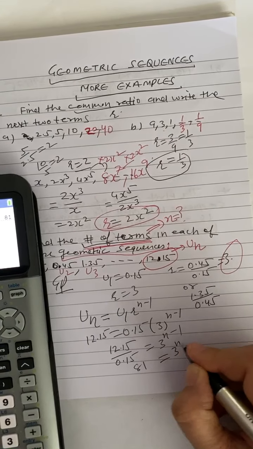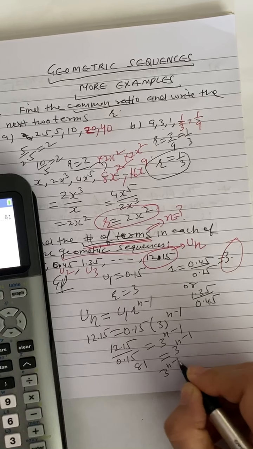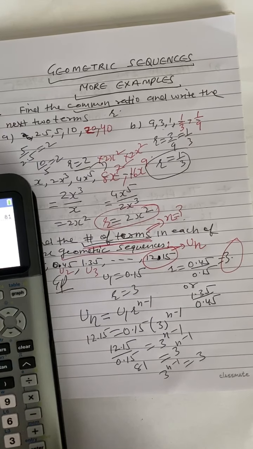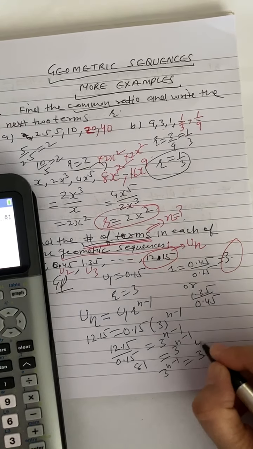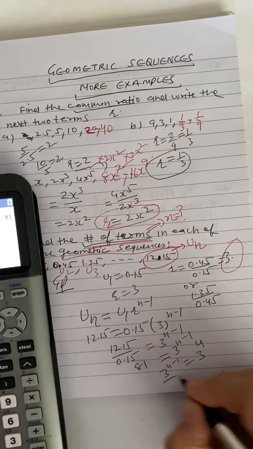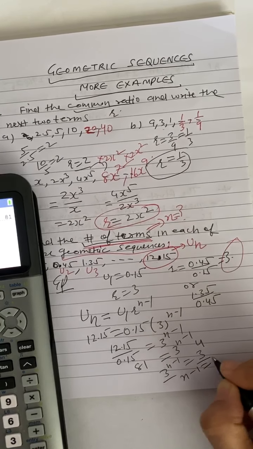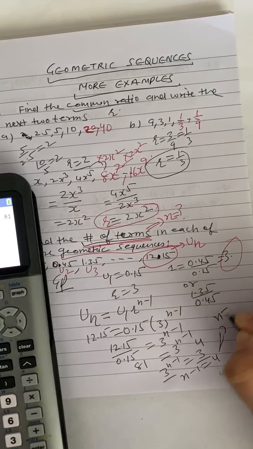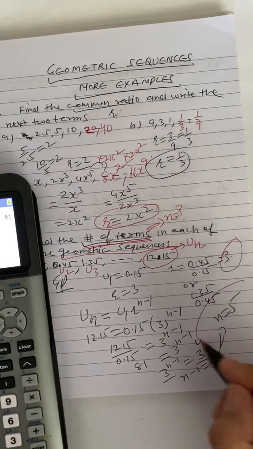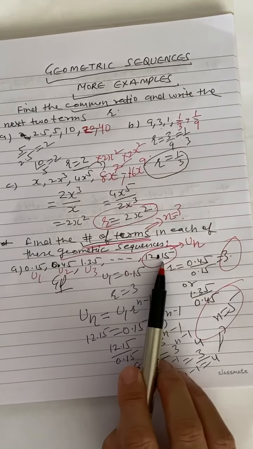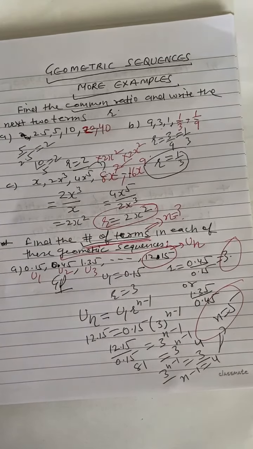And 81 can be written as 3 to the power of 4, because 81 is divisible by 3. And when the bases are the same, the exponents have to be the same, which means n is equal to 5. So these are 5 terms, which means this is our 5th term.